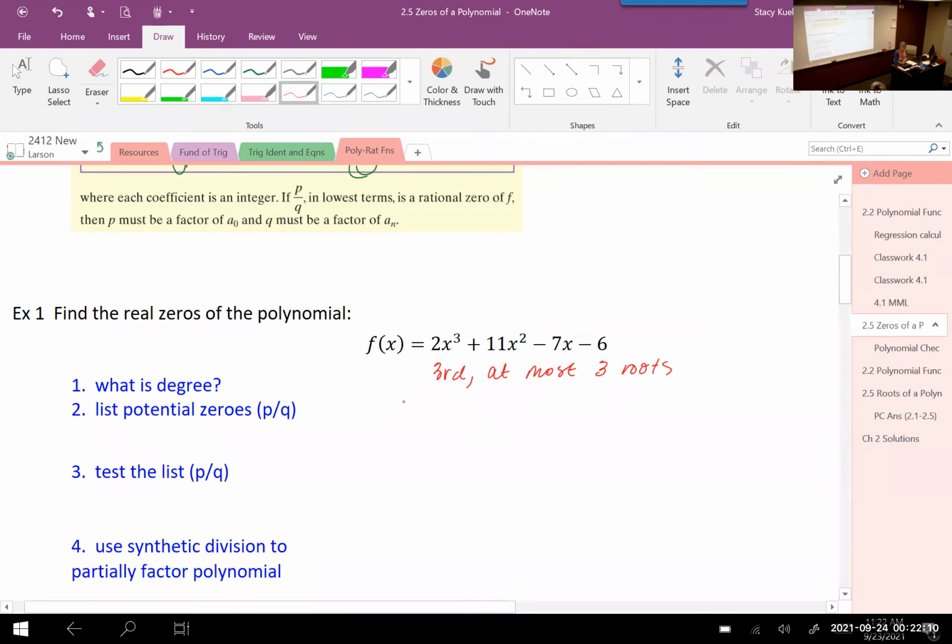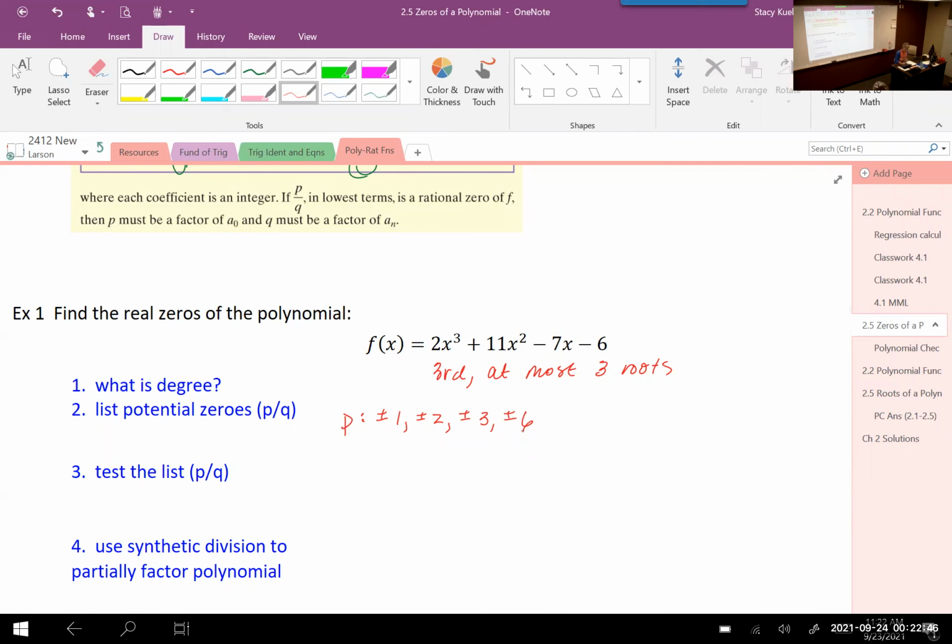Now the next thing that we're going to do, if we're thinking of steps here, right? I want to determine the potential zeros of this function, and it comes from that ratio of p over q. So I'm going to take the p value, and I am going to write out all the factors of 6, the plus and minus factors of 6. So that would be plus or minus 1, 2, 3, and 6, right? Those are all the factors of 6, plus and minus.